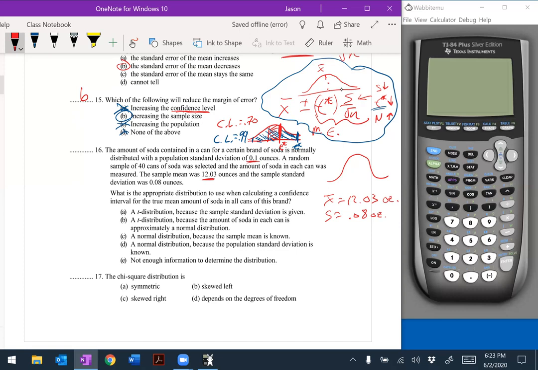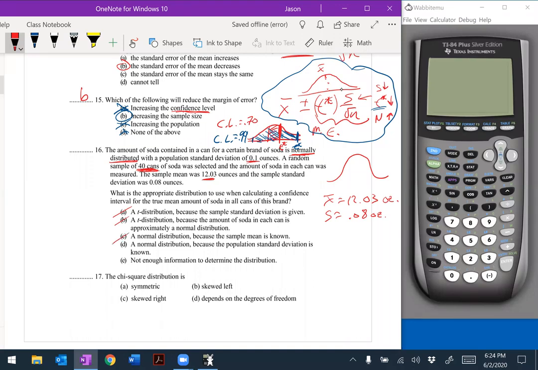Well, they told me that the population is normal, right? So remember, when the parent is normal, the child is normal. So if the population I'm picking from is normal, I'm going to want a normal distribution and not a t distribution. Also, the number of cans is pretty large. You only use t if your sample is really small, or if it's a skewed distribution. So t is out of there. Is it a normal distribution because the sample mean is known? No, that's not true.